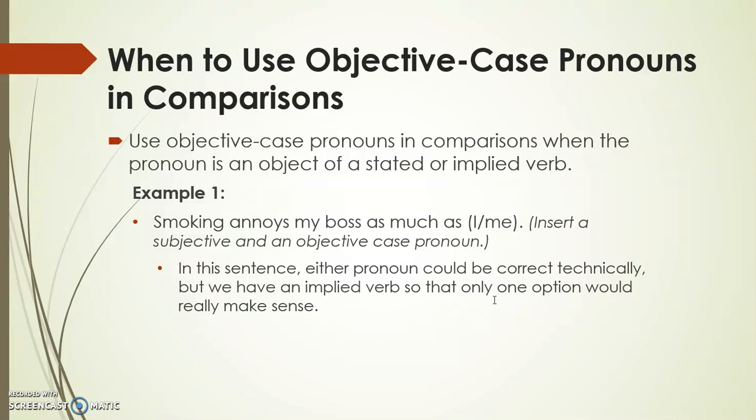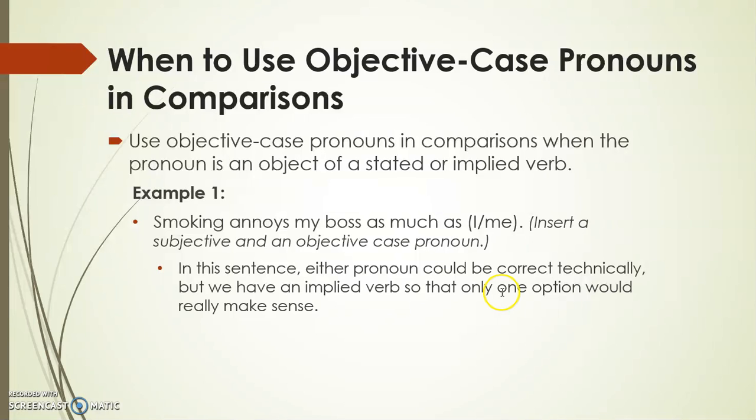Okay, so now let's look at when to use objective case pronouns. Objective case pronouns in comparisons should occur when the pronoun is the object of a stated or an implied verb. For example, smoking annoys my boss as much as I or me. Now, a few minutes ago, I told you to put your verb back on the end, and that can help you determine the case.